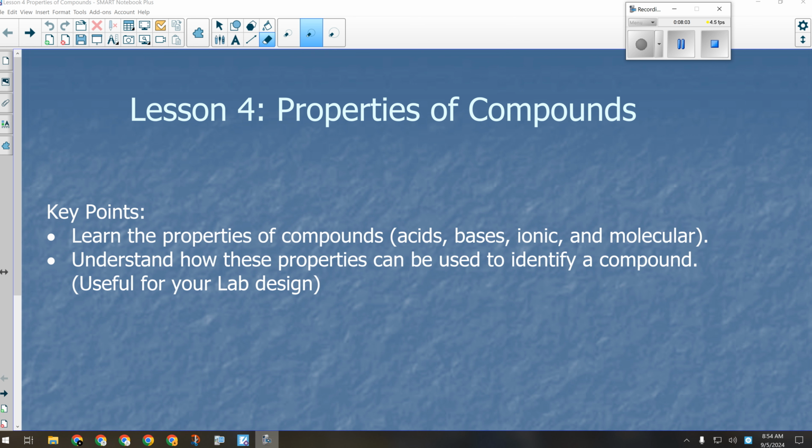In this lesson we're going to go over the properties and behaviors of both ionic and molecular compounds. Mostly physical properties; we're not going to talk much about chemical properties today, that will be later when we go over chemical reactions. What we learn today is going to be useful when we do our lab on Tuesday.